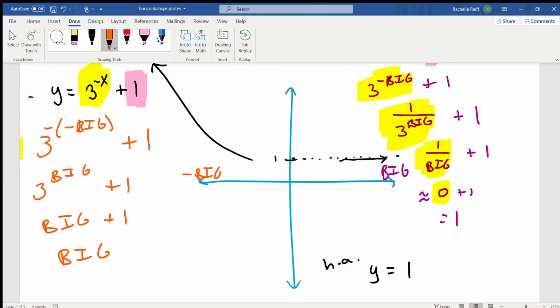But let's say instead this had said plus 5, then my horizontal asymptote would be y equals 5. Let's say it said minus 3 instead. My horizontal asymptote would have been negative 3. So for power functions like this, my horizontal asymptote will always be y equals whatever is right there.